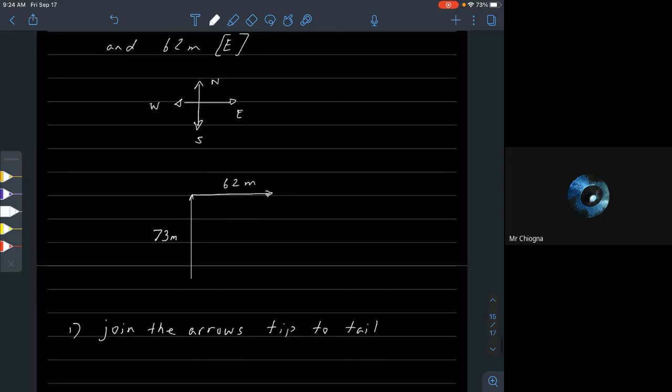That's the first rule. You're going to add them graphically. Okay, the second rule is: draw the resultant. The resultant is one vector that you can represent the other two or three vectors with. That one vector I'm going to draw as a red vector.